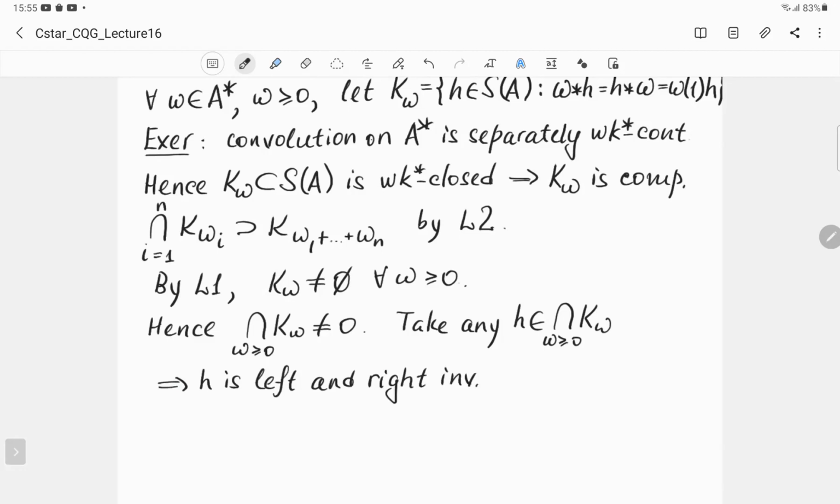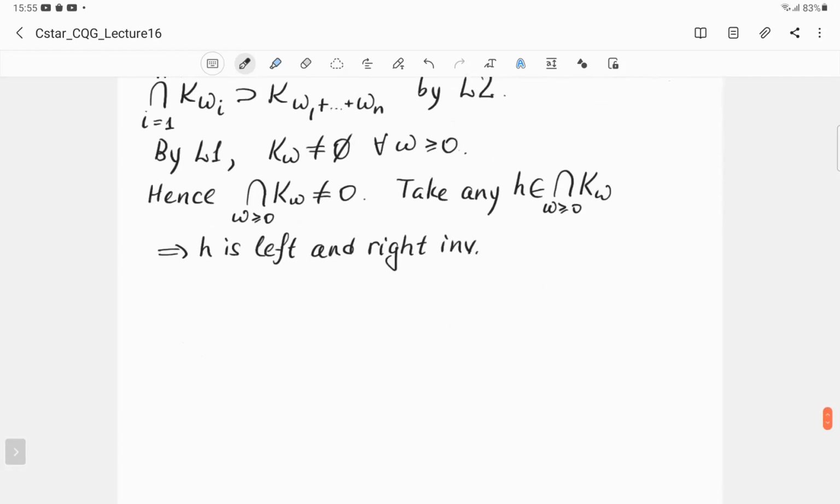Okay, so the final step is to show that H is unique, but this is just one line. Namely, if we have a state f on A, and if we assume that f is left invariant, then by the left invariance of f, we have the following equality.